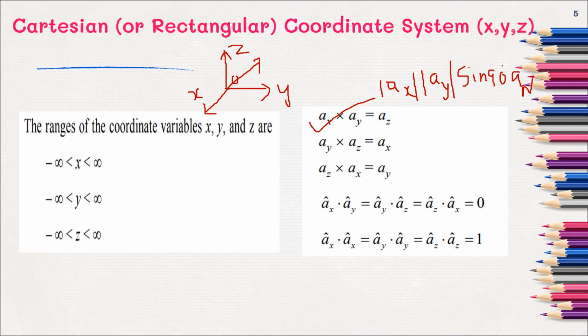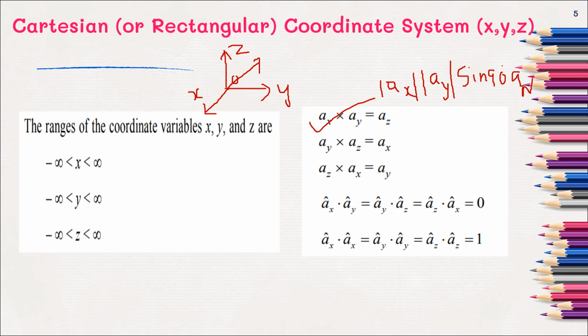Now coming on to the dot product. What is ax dot ay? Mod of ax into mod of ay into cosine of the angle between them. What is cos 90? Cos 90 is going to be 0. So that is why ax dot ay is equal to ay dot az is equal to az dot ax, which is 0.